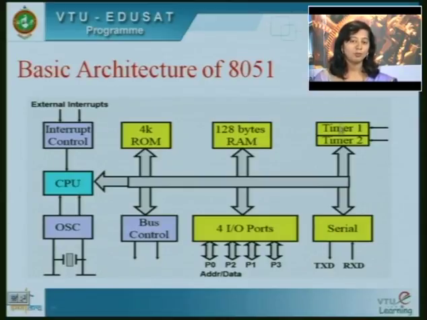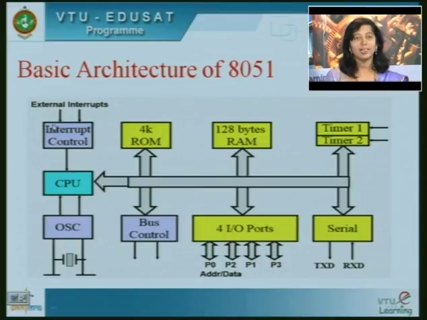As I told you, 2 16-bit timers which will accept counts as input. I can take count 1 and count 2 as input given to both the 16-bit timers. Then we have 128 bytes of internal random access memory to store data temporarily, 4 kilobytes of read-only memory to store the program code, and interrupt control to prioritize our response.